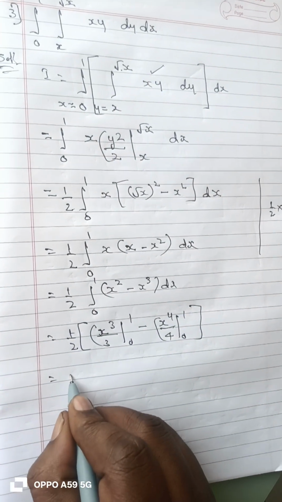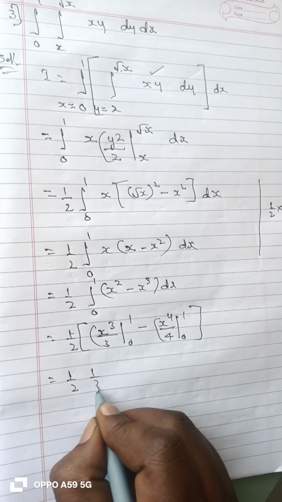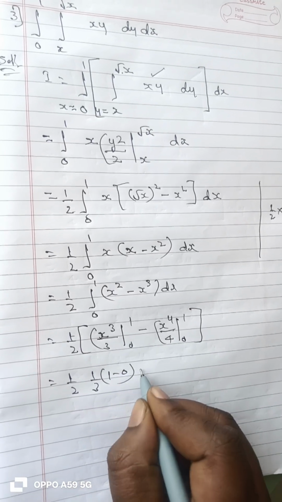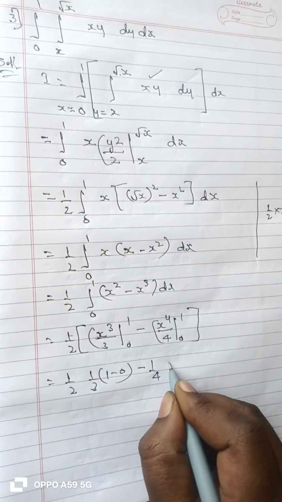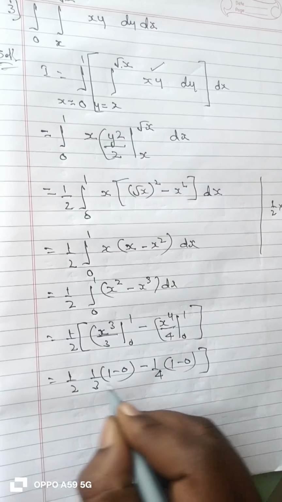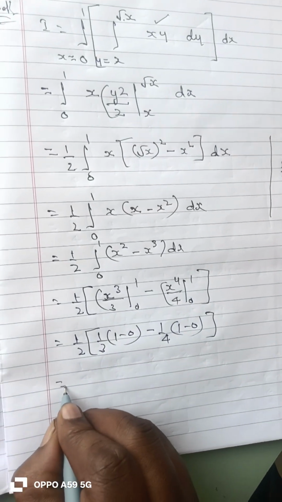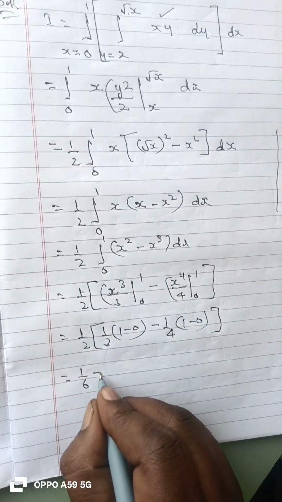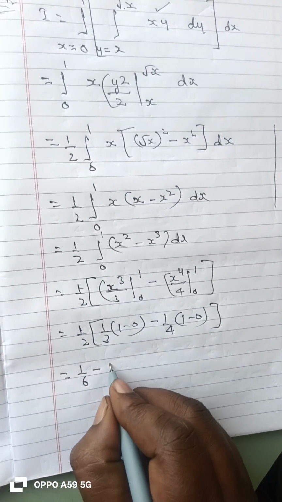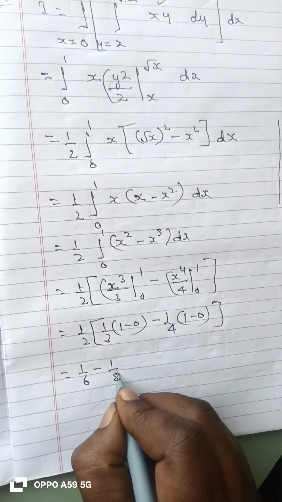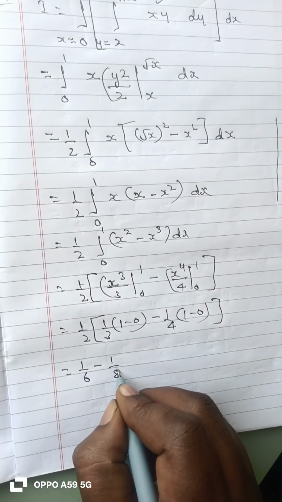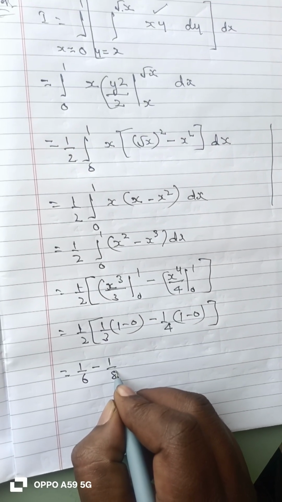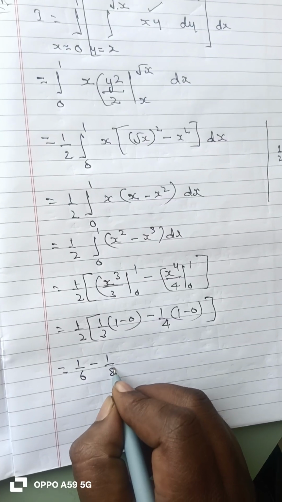Now apply the upper limit minus lower limit, 1 by 3, this is 1 minus 0, minus 1 by 4, 1 minus 0. Now this is equal to 1 by 2, 3 twos are 6 minus 2 fours are 8, 1 by 3 and 1 by 8.